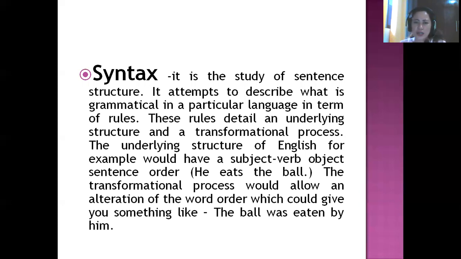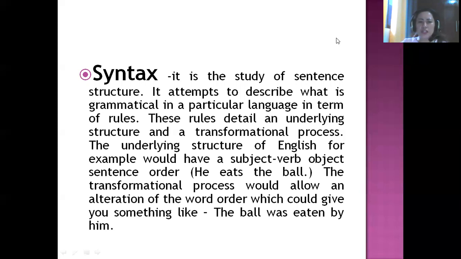You will dissect the noun phrase and the verb phrase. So for the noun phrase, you will get the determiner and the subject, noun. And then for the verb phrase, of course, it will start with the verb and then other complements. So that's part of syntactic analysis.